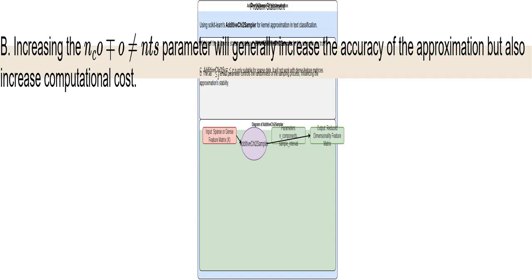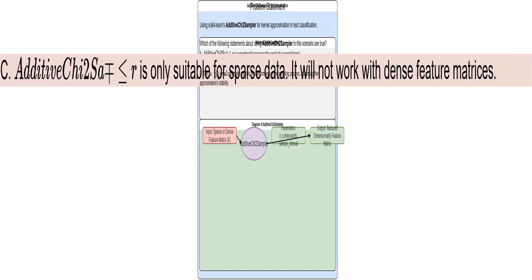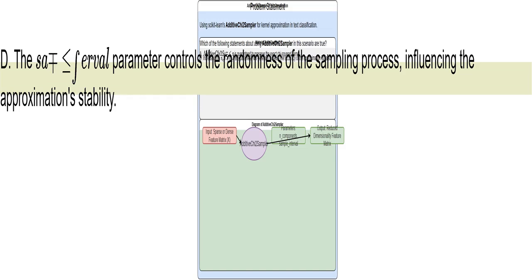This explores your understanding of the trade-off between accuracy and speed. More components improve the accuracy of the approximation but require more computing power. This tests whether you know if AdditiveChi2Sampler can handle different data types efficiently. This checks if you grasp how _sample_interval affects the results and their reliability.